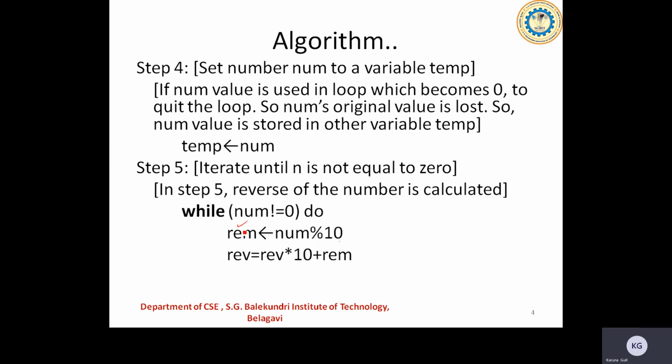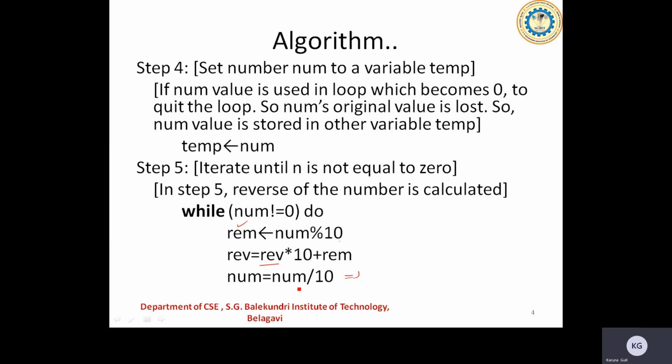Before that, you already know I have initialized reverse to 0 here. So reverse equals 0 multiplied by 10 plus remainder. Initially I'm just stuffing that into reverse. Afterwards I'll be shifting towards the left side. Next, num is equal to num divided by 10.